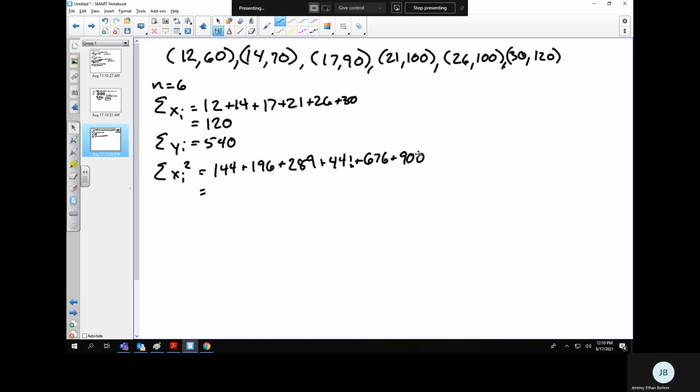So that gives me the sum of the squares is 2,646.